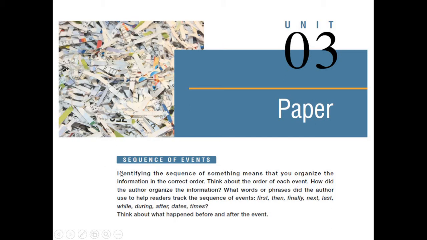It is the proper order of the events. For example, if you're going to bake a cake, you need to follow the steps on how to make a cake or else you cannot do it properly. That is the sequence of events.